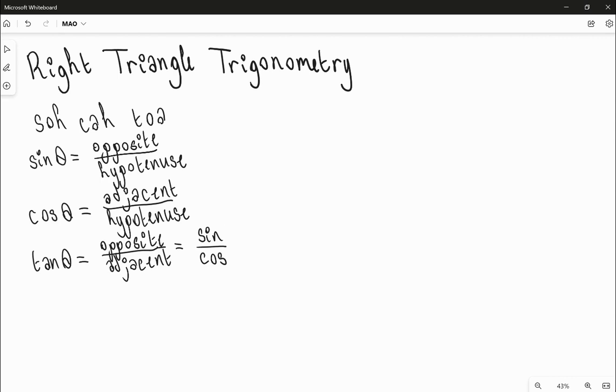But those are the main three that you know, but there are three others. So there are 6 trigonometric ratios. You already know 3 of them. You might already know the other ones, but they're basically the reciprocals of the ones that you have. So the reciprocal of sine, 1 over sine theta, is equal to hypotenuse over opposite.